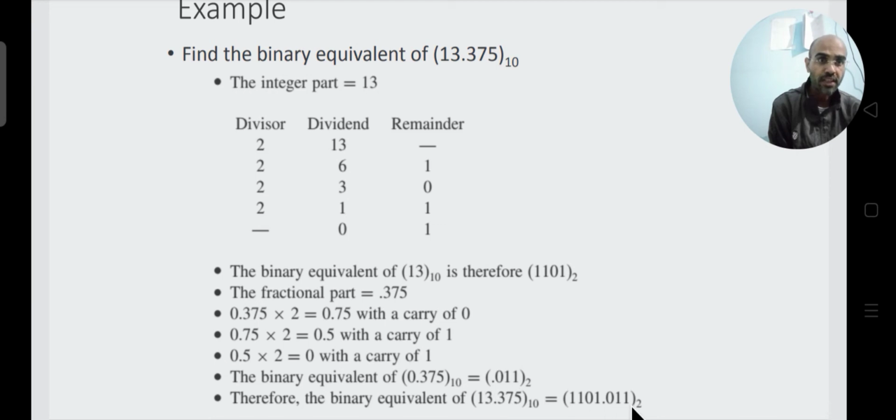So we have to write them together, which gives the total binary equivalent of the given question. The question was 13.375 in base 10, so the answer will be 1101.011 in base 2.